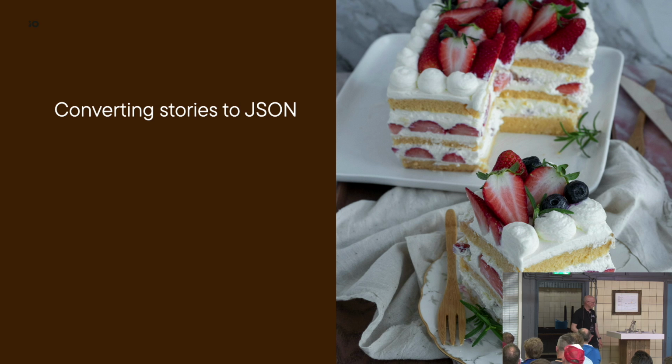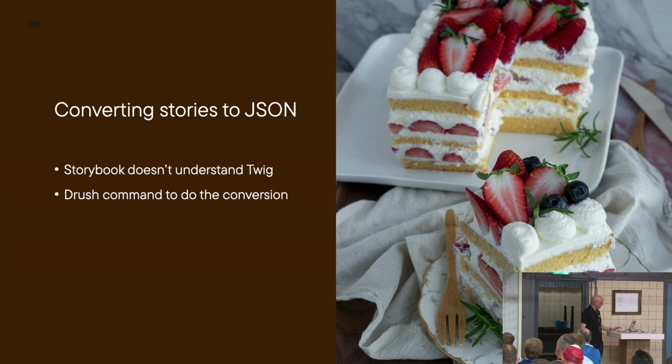First of all, we need to convert stories to JSON. We're writing these stories.twig files, but Storybook doesn't understand those. But luckily, the Storybook module provides this handy drush command to do the conversion. Then you can set up a watcher so that when you create a new stories file, it'll generate the JSON automatically, and also when you make changes, it'll update the JSON files.